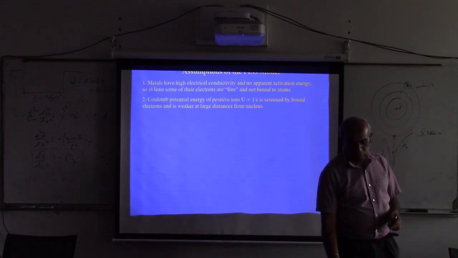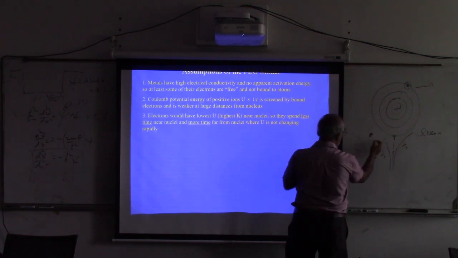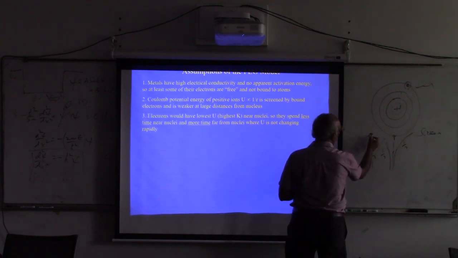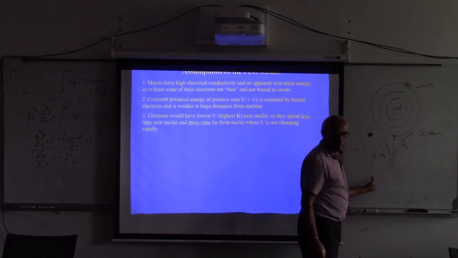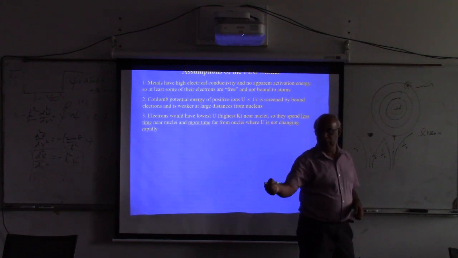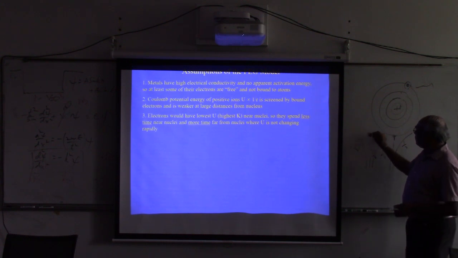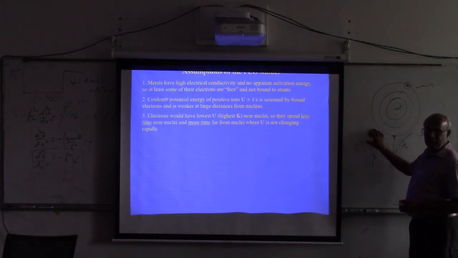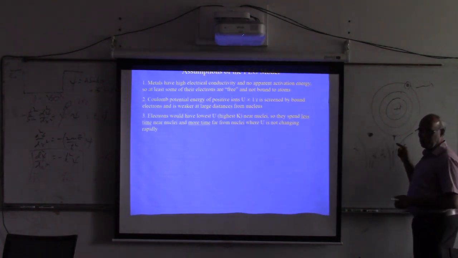Next thing is, closer to the ion we have the lowest potential energy, right? Potential energy decreasing. Lowest potential energy means highest kinetic energy. That means the electrons spend very little time closer to the ion, because with higher kinetic energy they pass through very quickly, right?